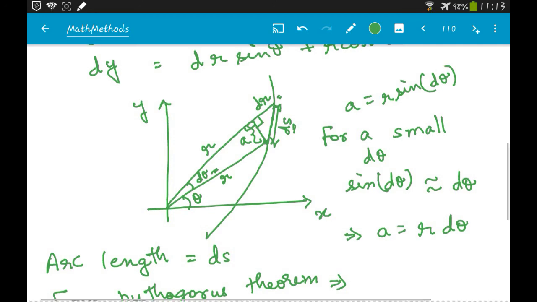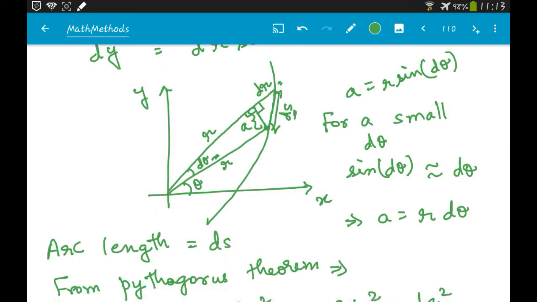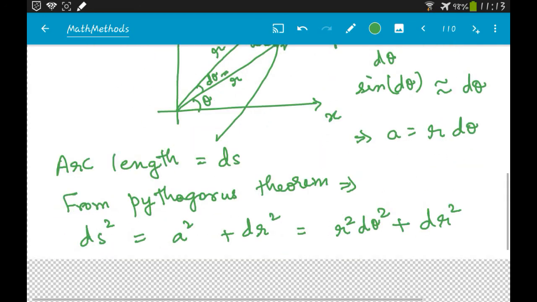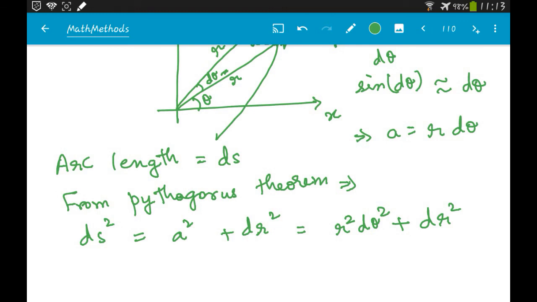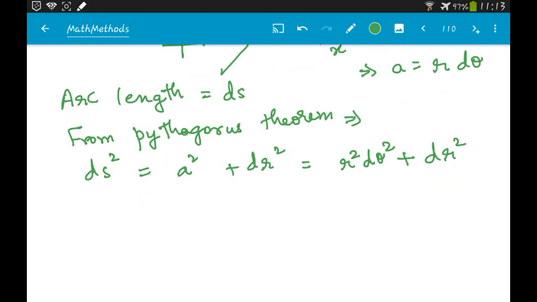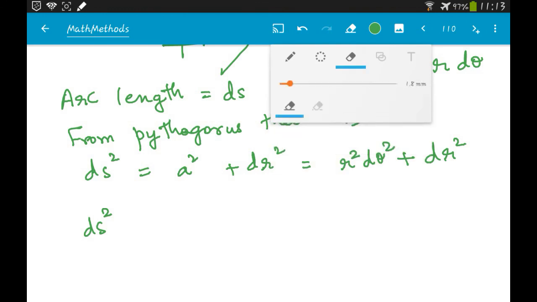So ds is the arc length with which it moves. You have ds square equal to a square plus dr square, and this is this. You can also arrive at the same ds square from, let me write it fully.